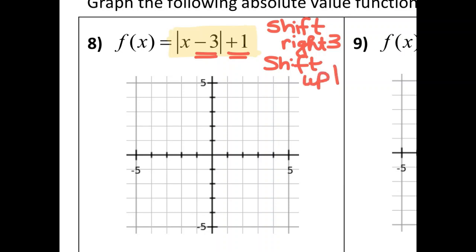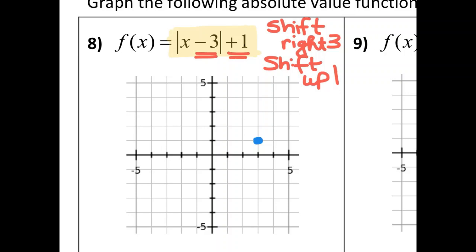Shift up 1. And so when I do these shifts, I'm going to shift my vertex. The vertex of the parent graph starts at 0, 0. I'm going to go to the right 3 and up 1 and put my vertex of the transformed function at the point 3, 1.